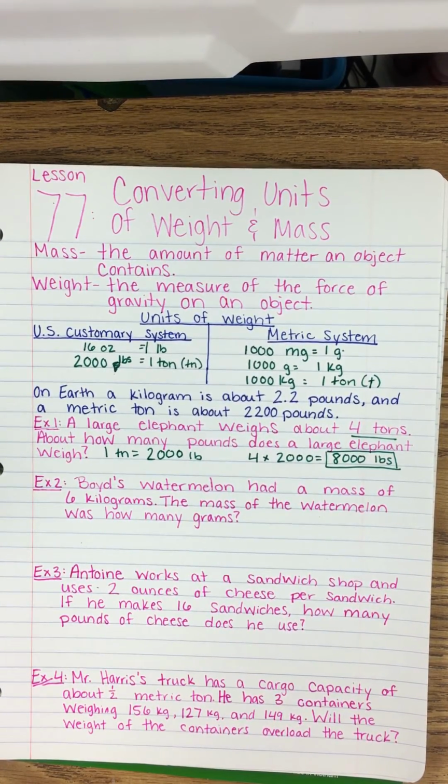Example 2. Boyd's watermelon had a mass of 6 kilograms. The mass of the watermelon was how many grams?